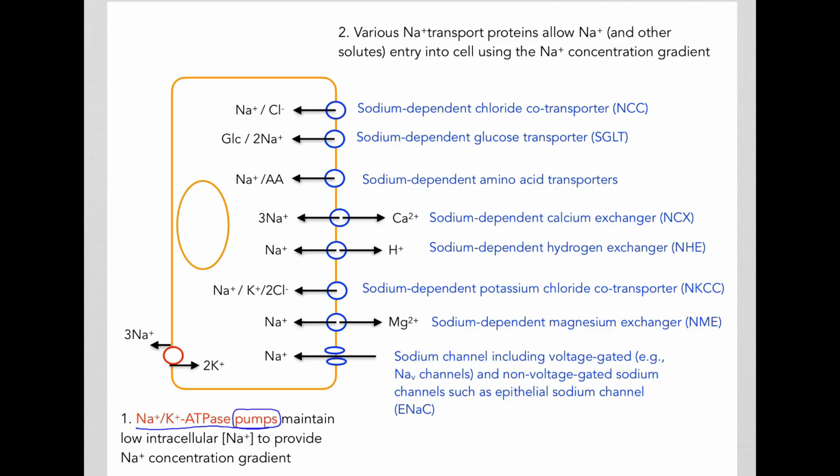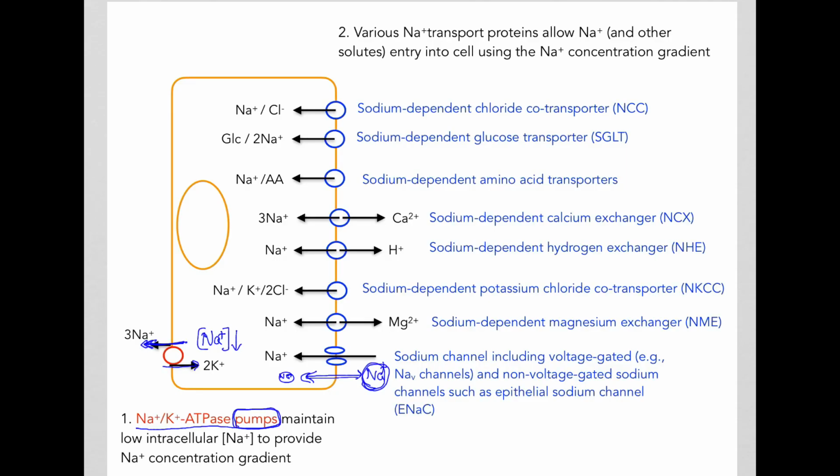Because this is a pump, this requires ATP energy. And this pump basically pumps sodium out of the cell and pumps potassium into the cell. So by pumping sodium out of the cell, it keeps the concentration of sodium in the cell at very, very low levels.